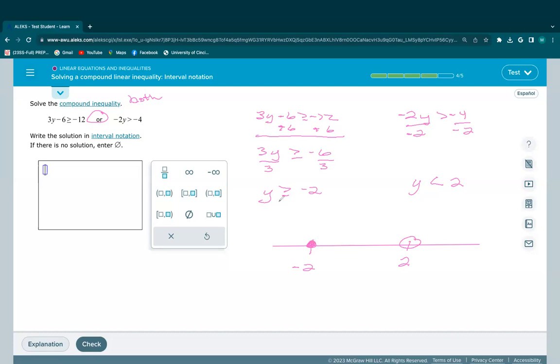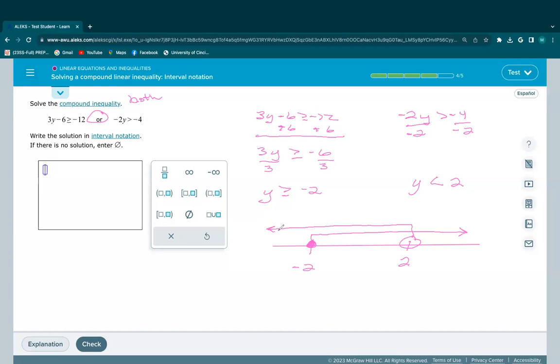Now for the negative 2, y is greater than, so it's going this way. And for the 2, y is less than, so it's going this way. Now remember, for or, I want to account for absolutely any part that's shaded.